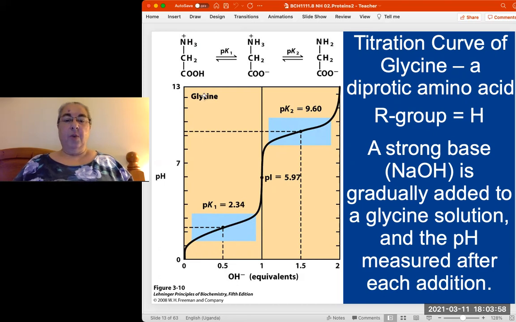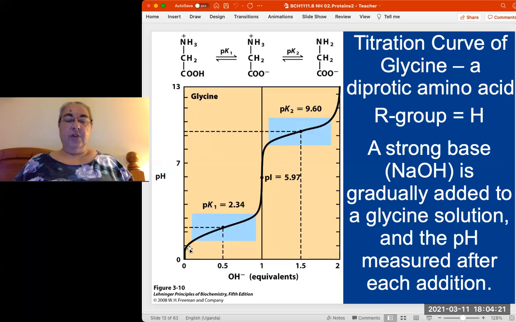Okay, so at very low pH, at acidic pH, the glycine molecule is in this form. It has CH2 and the amino group has 3 protons and a positive charge.